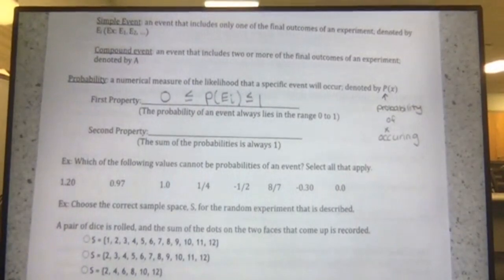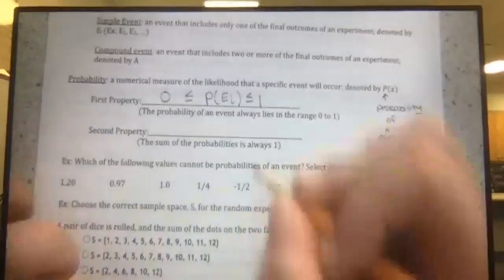All the way to 1, where 1 is 100% going to happen. If I have a bag of marbles and there's only red marbles, what's the probability I'm going to reach in and grab a red marble? 100%, because it's only going to be red. Our second property is that the sum of the probabilities is always equal to 1. If you add up all the probabilities together, that gives you everything. Everything means 100%, which would mean 1.